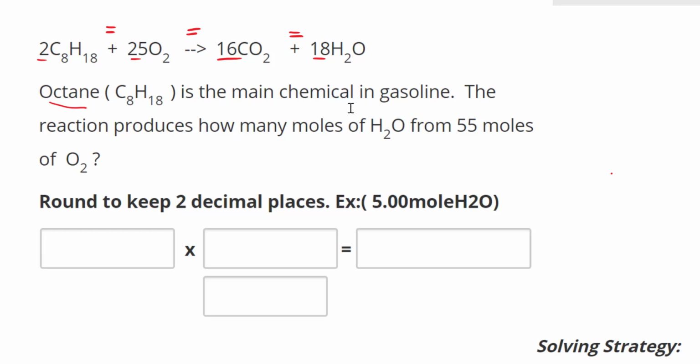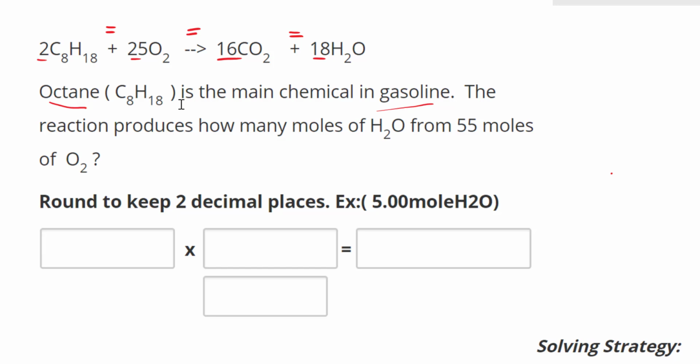Octane is the main chemical in your gasoline. 2 moles of octane is equal to 25 moles of oxygen, and that is equal to 16 moles of carbon dioxide, and that is equal to 18 moles of water. So they are equivalent or equal to each other. You can choose any chemical of your choice and make a conversion factor out of it.